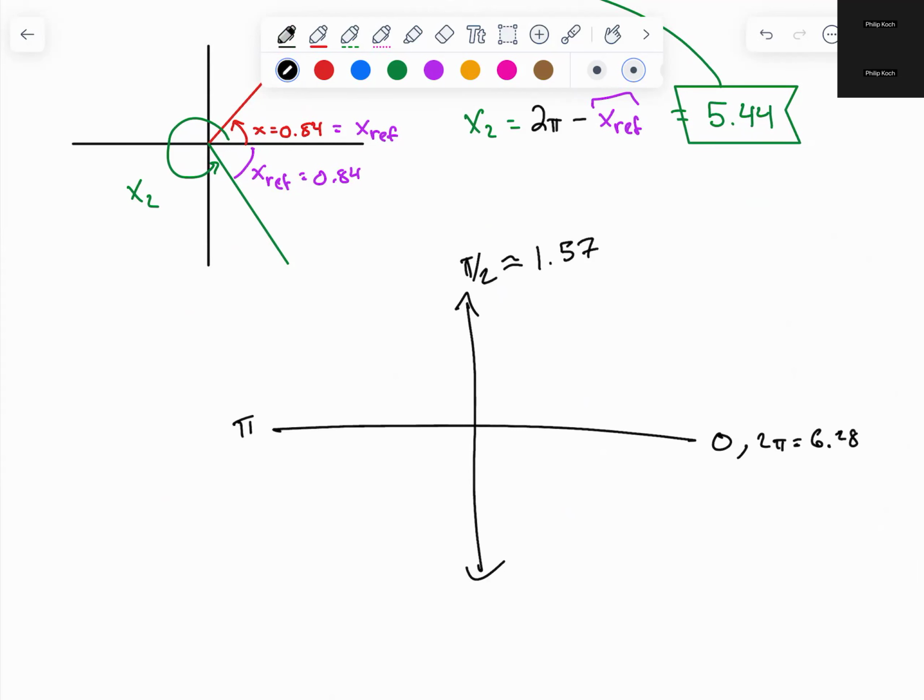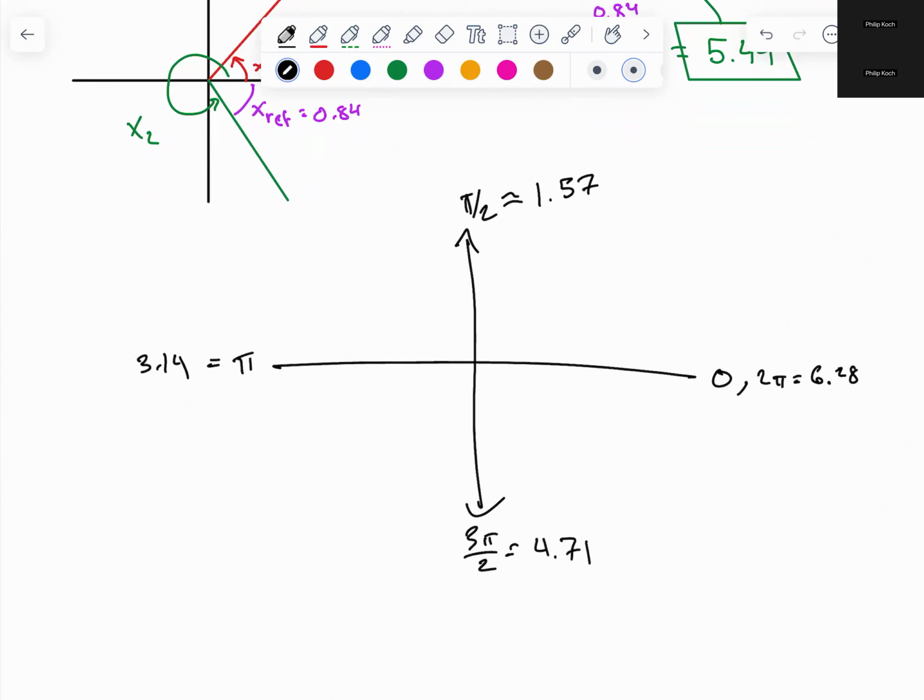But if you press the S to D button, it'll give you the approximation. And this is 3.14. Then 3 pi over 2 is 4.71. So if your number is between 0 and 1.57, it's quadrant 1. If it's between 1.57 and 3.14, it's quadrant 2. If it's between 3.14 and 4.71, it's quadrant 3. And 4.71 to 6.28, it's quadrant 4.